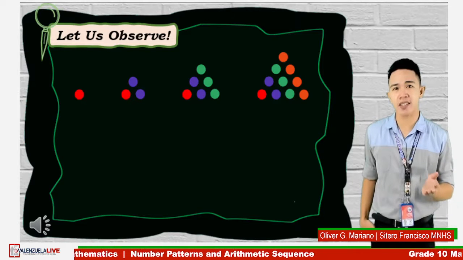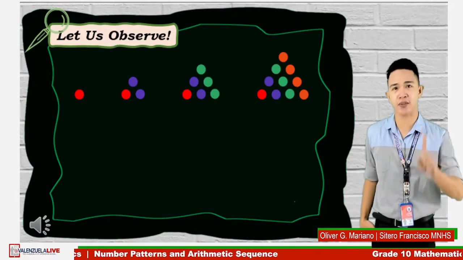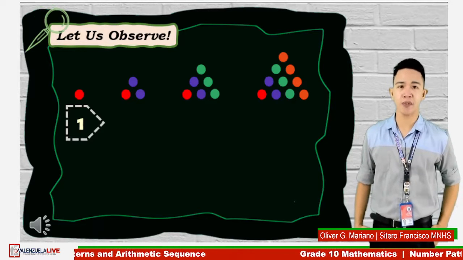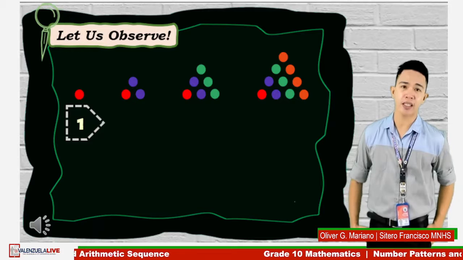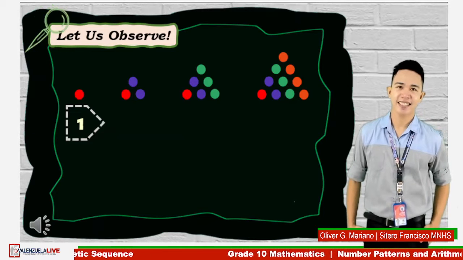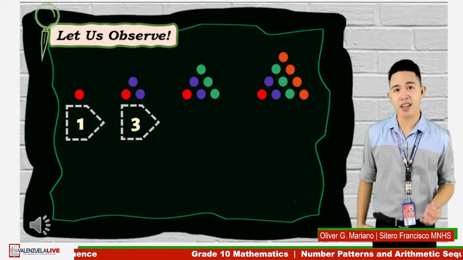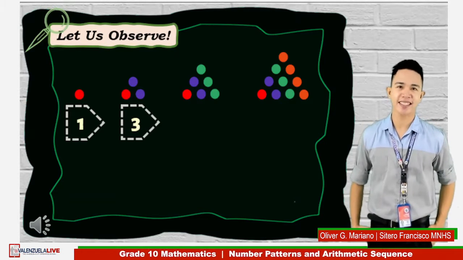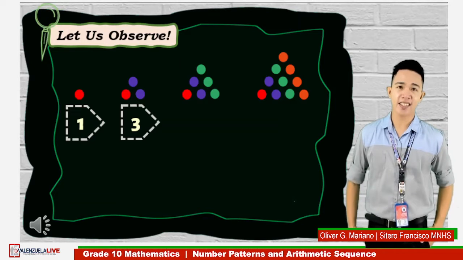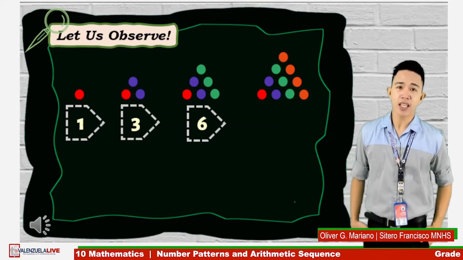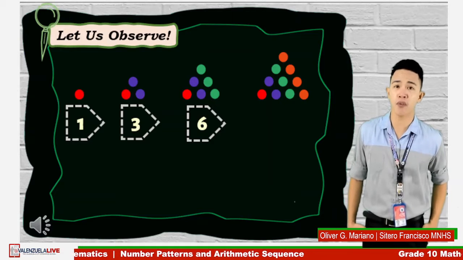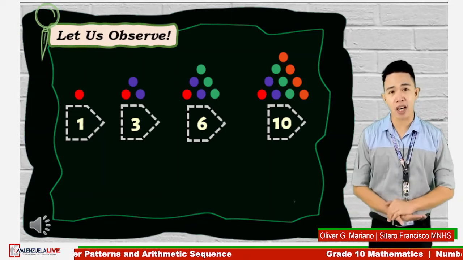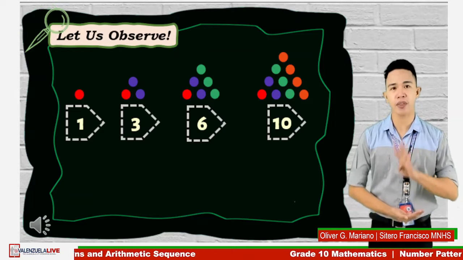How many dots are used in forming the first figure? Good. There's only one dot in the first figure. What about in the second figure? Great. There are 3 dots in the second figure. How about in the third figure? Nice. 6 dots were used to form the third figure. And for the fourth figure? Very good. 10 dots were used in forming the fourth figure.